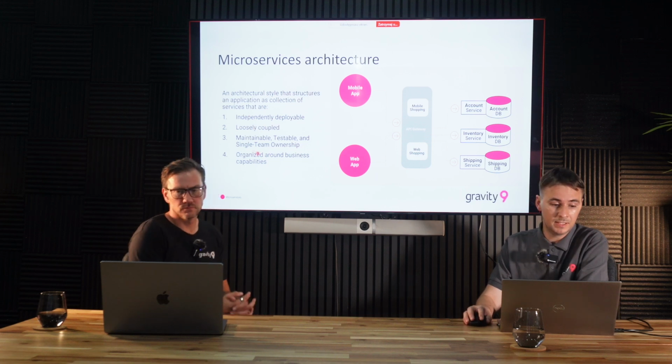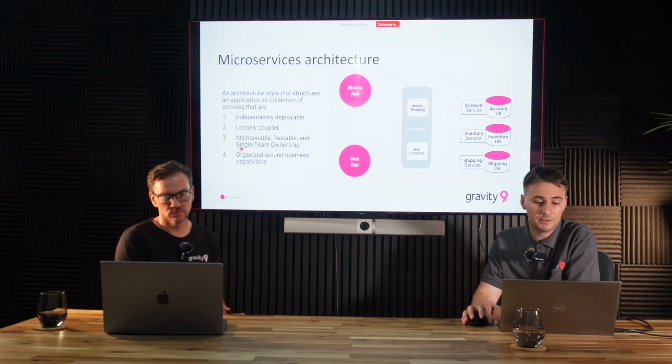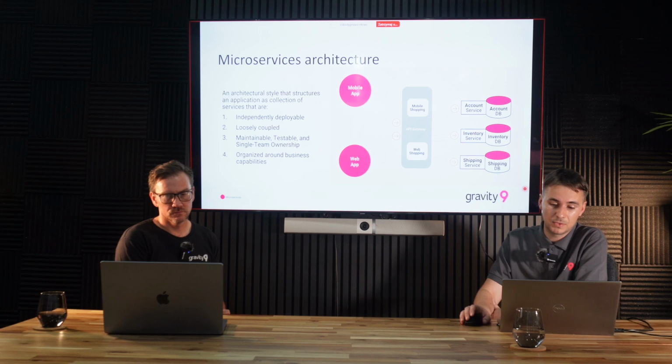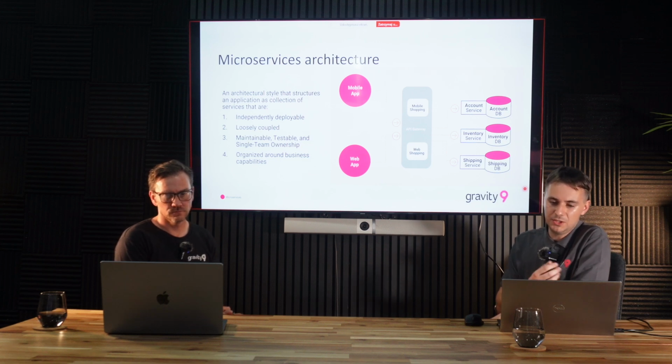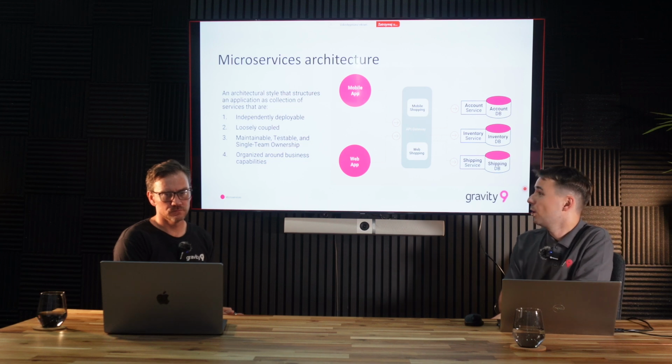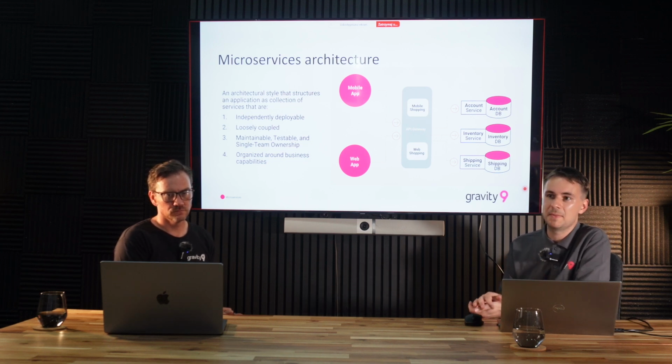The maintainability and stability. This is the third point from this slide. I would say each service is like a section of a house maintained by its dedicated team. This ensures that issues can be quickly identified and fixed without involving others, making the app easier to manage and test.